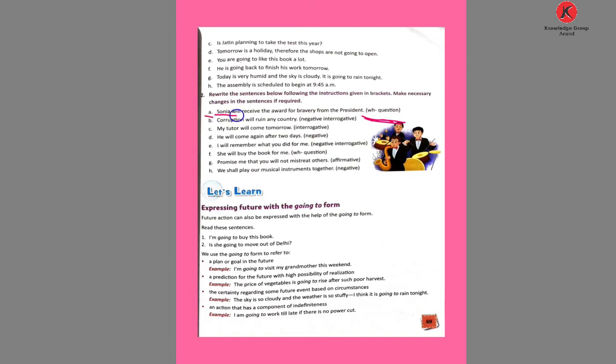A. Sonia will receive the award for bravery from the president. We can do this using "who" instead of Sonia: Who will receive the award for bravery from the president? And at last the question mark.